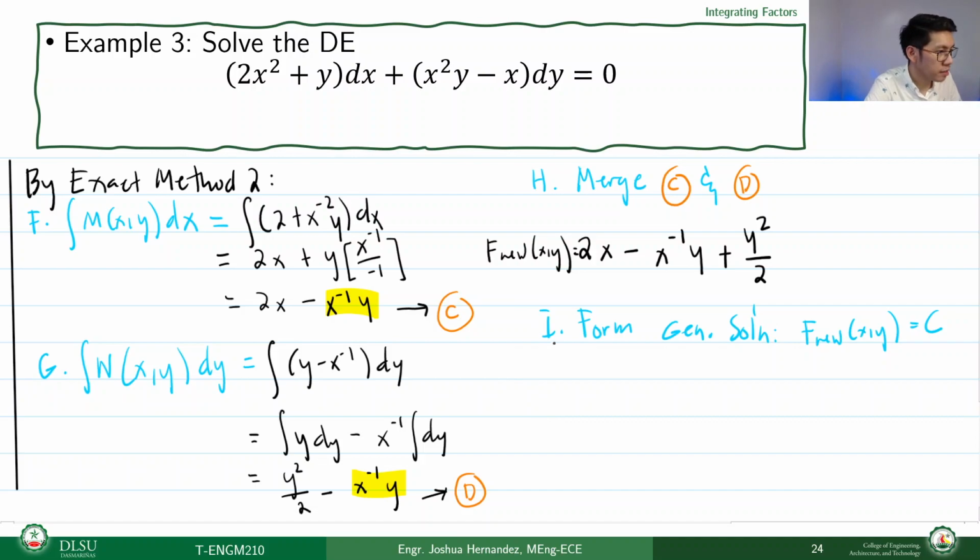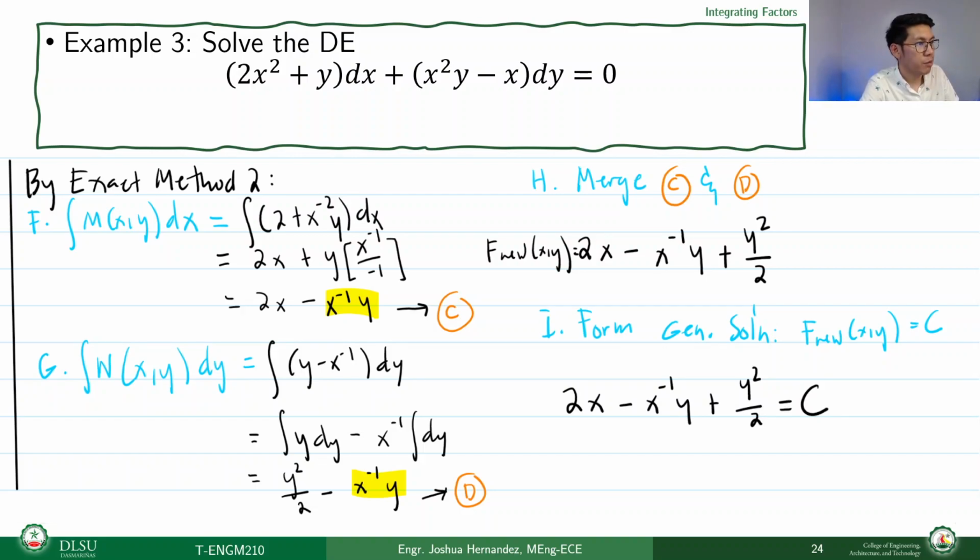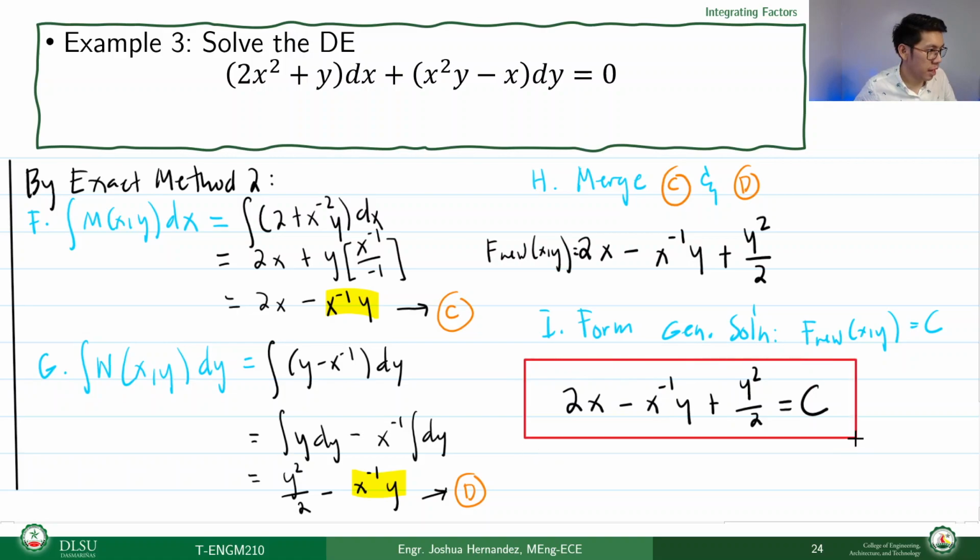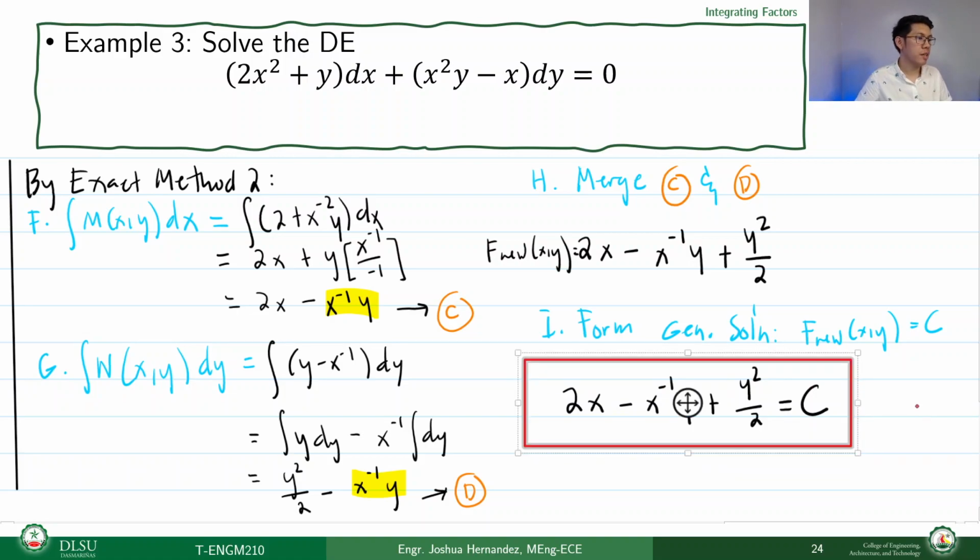So this will give us 2x minus x raised to negative 1 y plus y squared over 2 equals c. So there we have it, ladies and gentlemen. Our general solution is 2x minus x raised to negative 1y plus y squared over 2 is equal to c. All right.